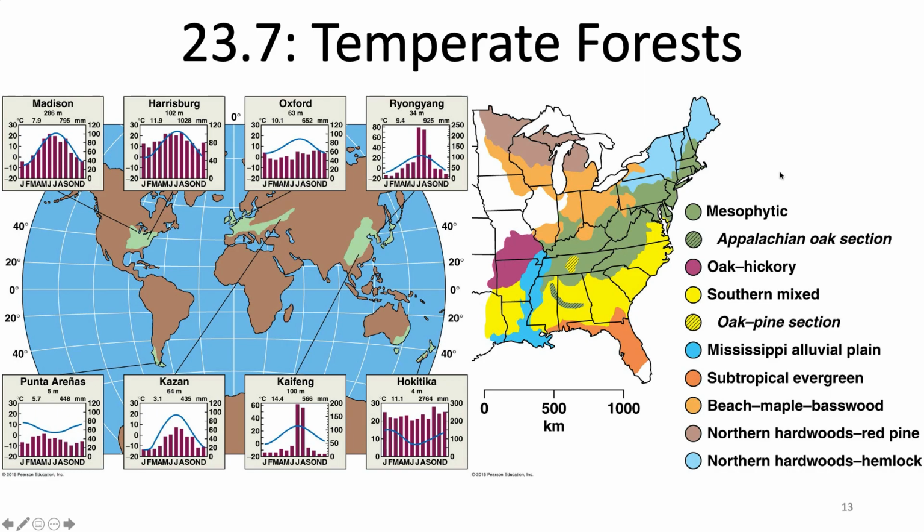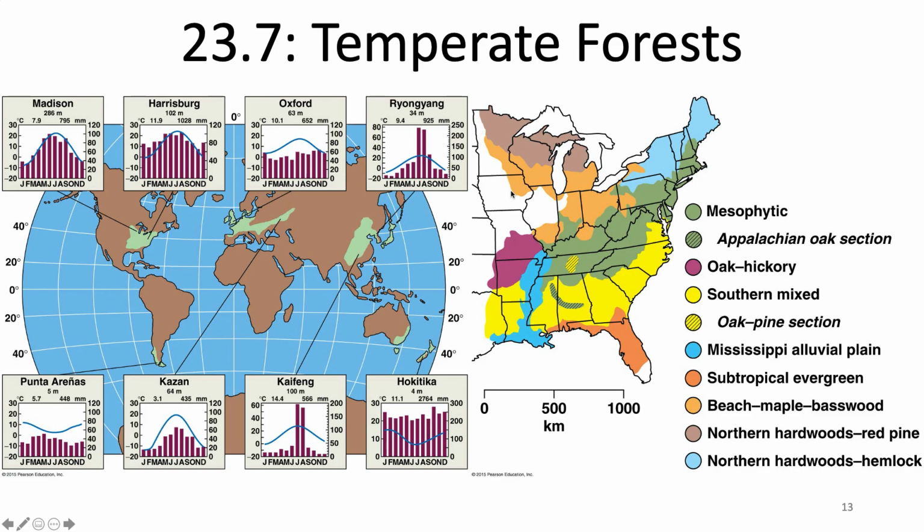The oak chestnut, which is mostly just now oak, is what you predominantly get in the Appalachian Mountains. The maple basswood is what you get up near the Great Lakes. In the Gulf Coast states, you get magnolia oak, and then in the Ozarks, you get oak hickory.